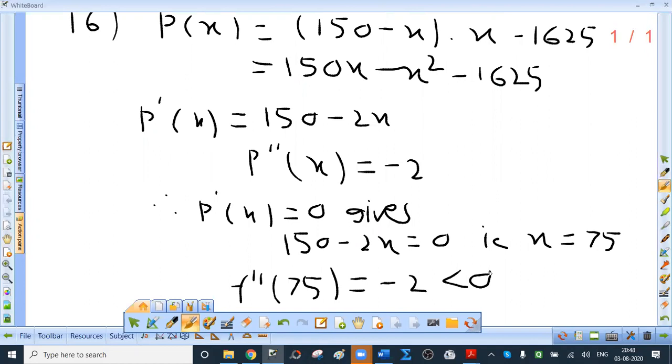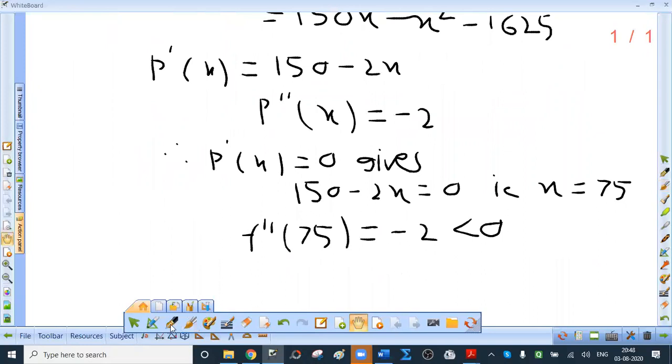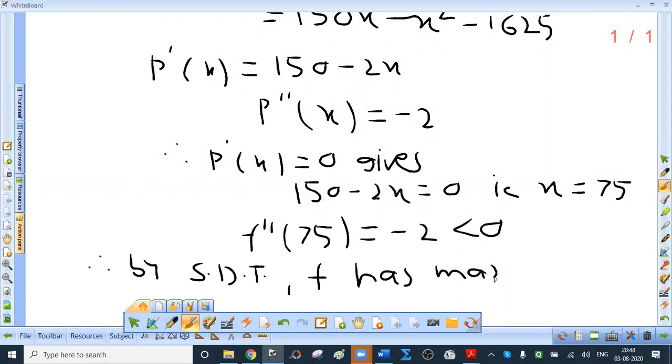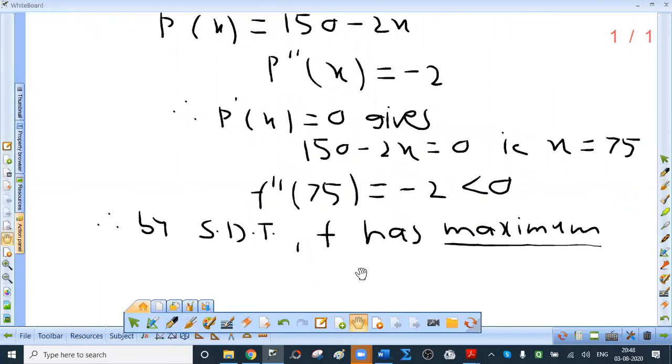No, the main criterion is first derivative should be 0 at that point. And it is 0 when x is 75. Okay. So after this, we have to say by second derivative test, function has maximum at x equal to 75.